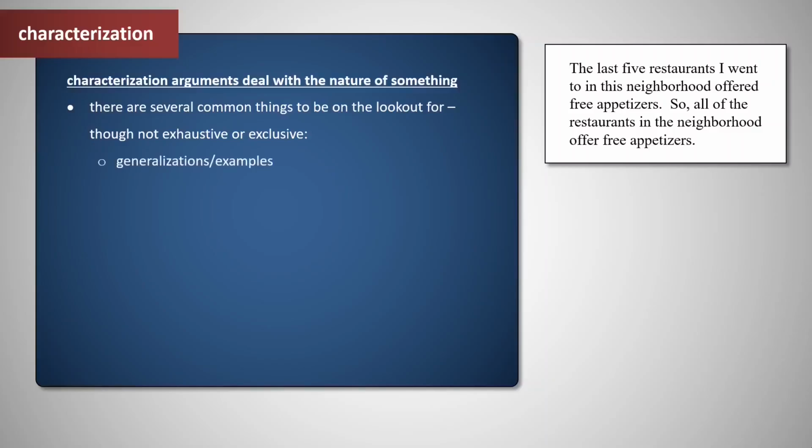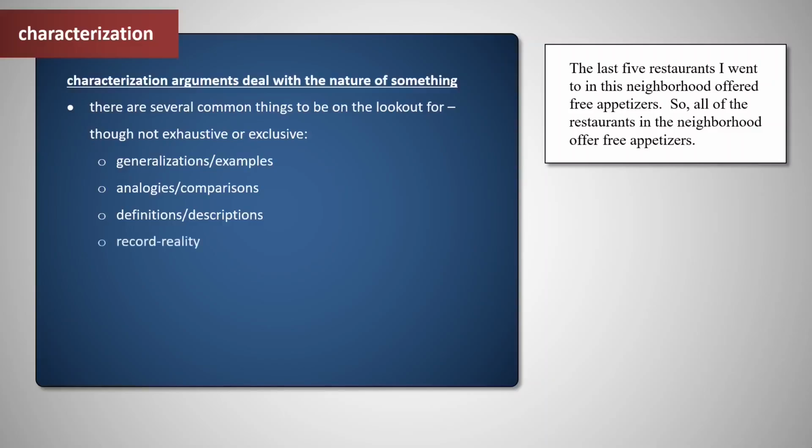So you'll find generalizations and examples. That's one of the ways of establishing that something has a particular characteristic. There are going to be analogies and comparisons as well. That's also fairly common. And there are going to be definitions and descriptions of things. So this would be an example here where we're describing the restaurants, or we defined a partner to have particular characteristics.